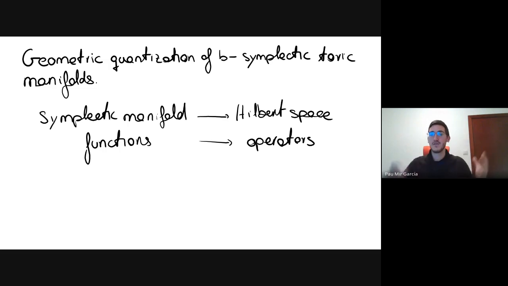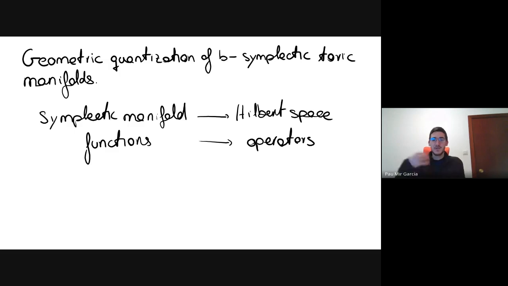This can be done in a lot of ways. Quantization can be done, for instance, in geometric quantization, where you do it in a certain way. In deformation quantization, you put the focus in other things, maybe not in the operators, but in other parts of the quantization.